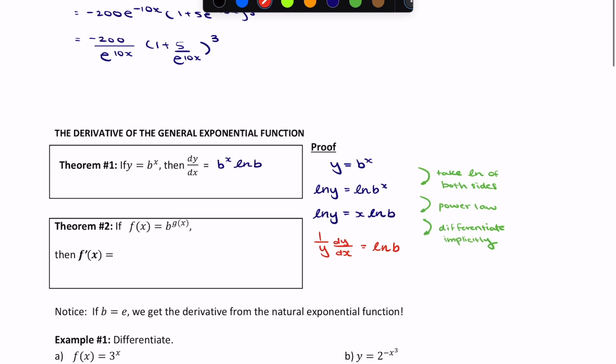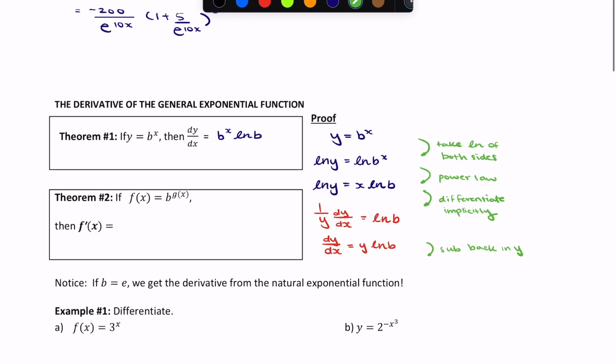So we would get dy over dx is equal to y ln b. And so here, if we take that and we sub that back into the y value, we'll get dy over dx is equal to b to the power of x ln b.